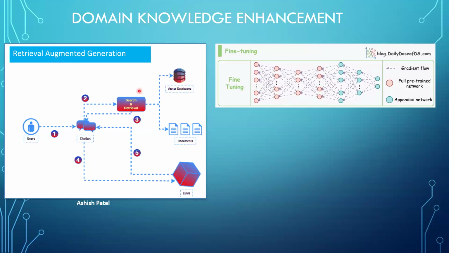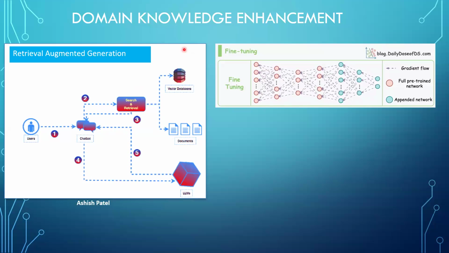Mathematically, there's a technique where you can very efficiently inject that additional information into the network itself through fine-tuning. It will then actually have that particular domain knowledge trained into the large language model itself. This technique is called fine-tuning, and I will briefly touch on that later also.